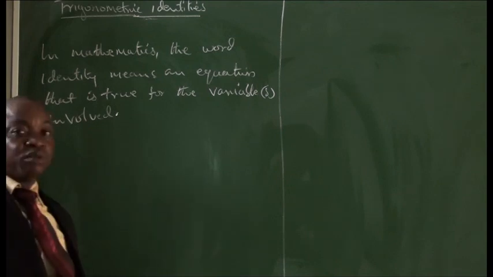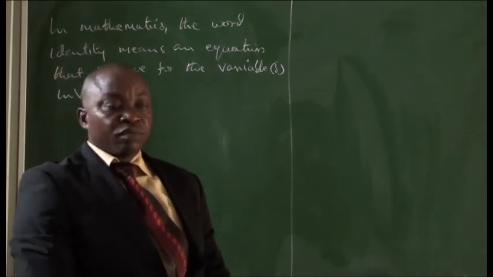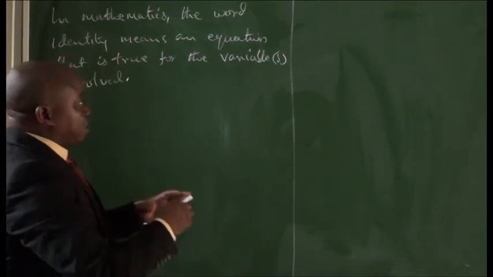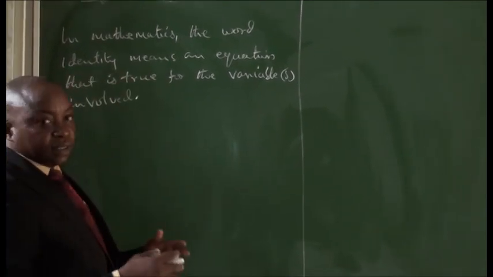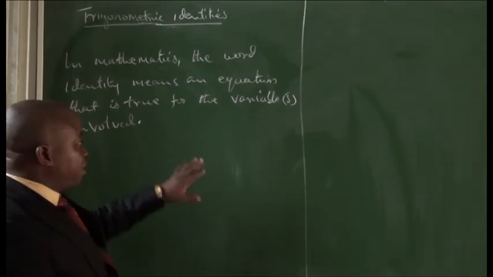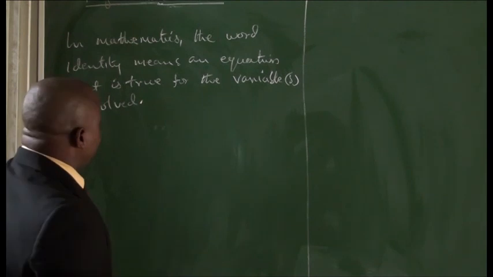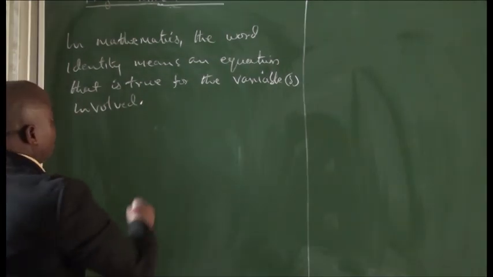So in mathematics, when we say identity, what we mean is it's an equation in which, for the variables involved, the right hand side is also equal to the left hand side.